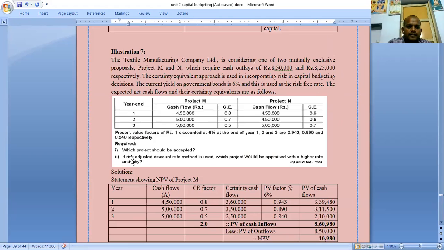And the third one, if risk adjusted discount rate method is used, which project would be appraised with the higher rate? So, if risk adjusted discount method is used, project M would be analyzed with the higher rate.